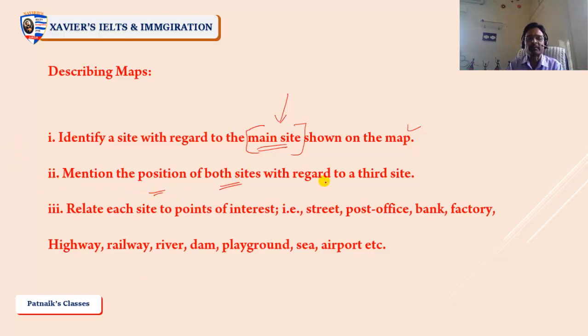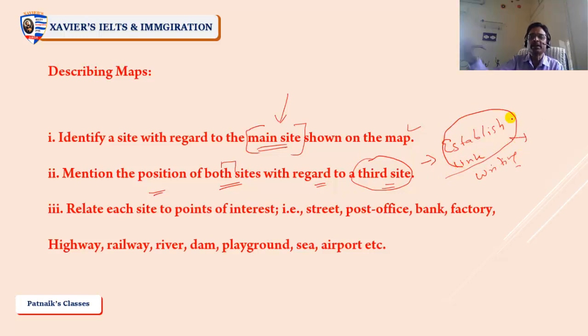Mention the position of both sides with regard to the third side. Why does it talk about the third side? Just to establish a link in your writing. If you establish the link, then when you plan the next sentence, it will be easier for you to continue from that particular point.